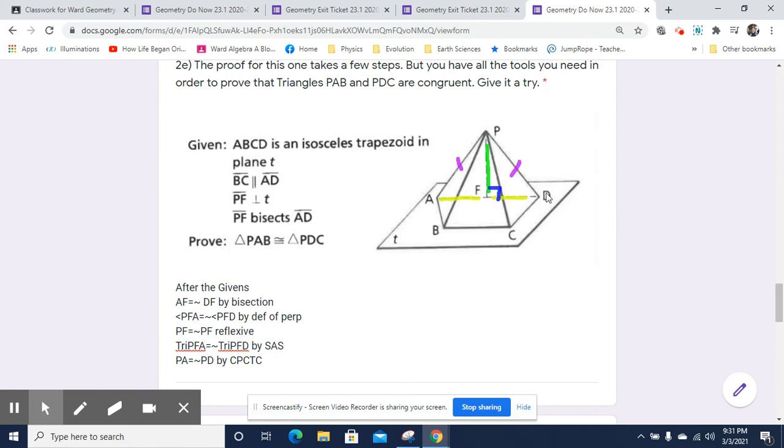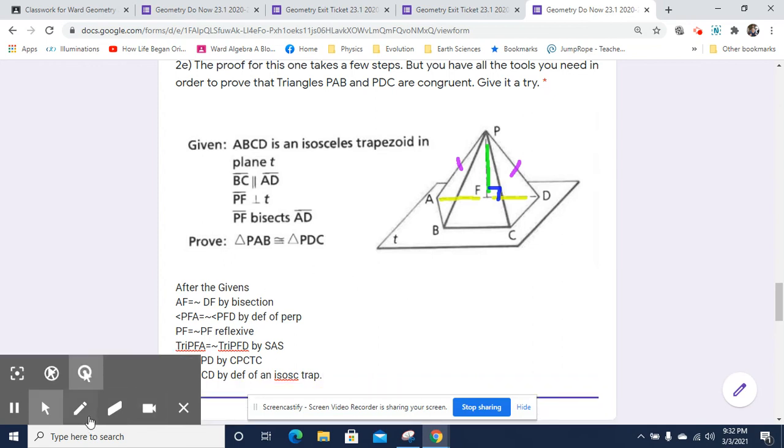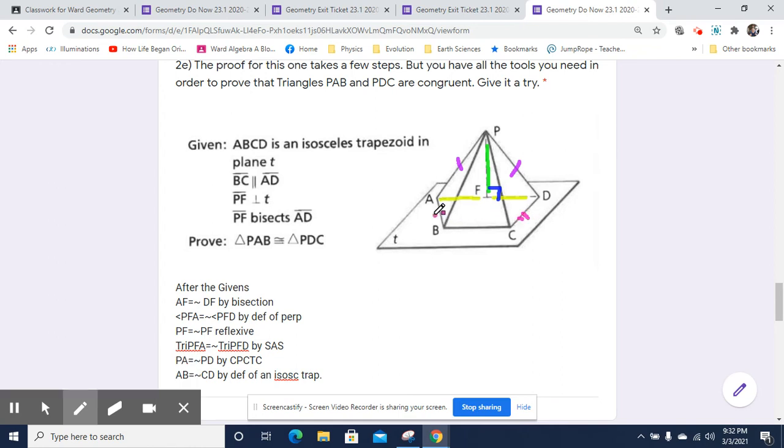But let's go ahead and name that: because it's isosceles, we can say AB is congruent to CD by definition of an isosceles trapezoid. Okay, so let's label that. I'll mark that there and this here.